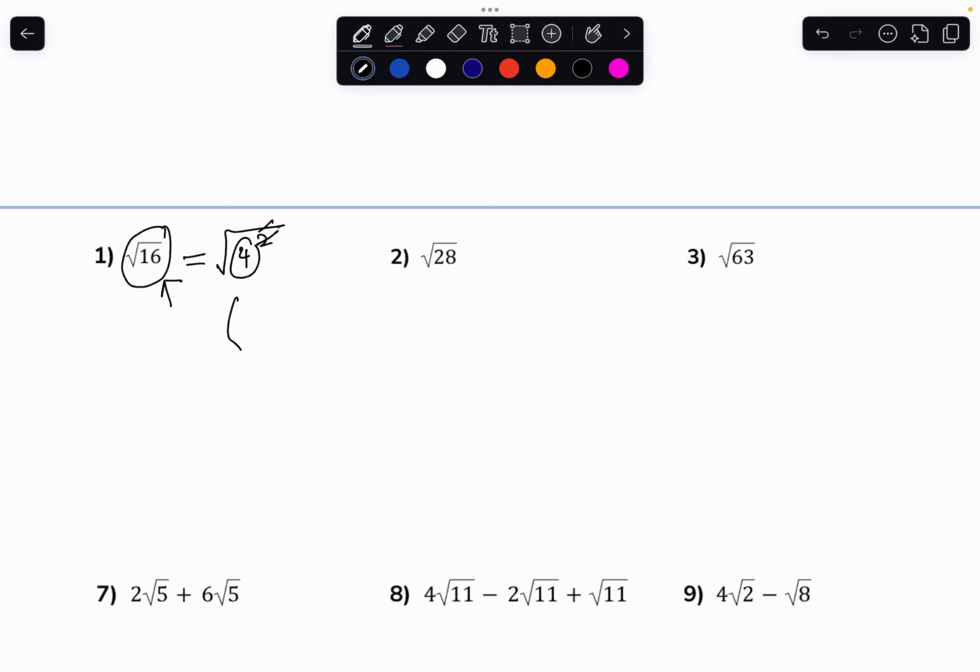Or if you have a root and a square, they will also cancel. Okay. So this is just the extra thing. Means what we have understood, that if there is a square number inside the root, base of that will come out. 4 is the base of 16, means 4 square is 16. So 4 will come out, right?